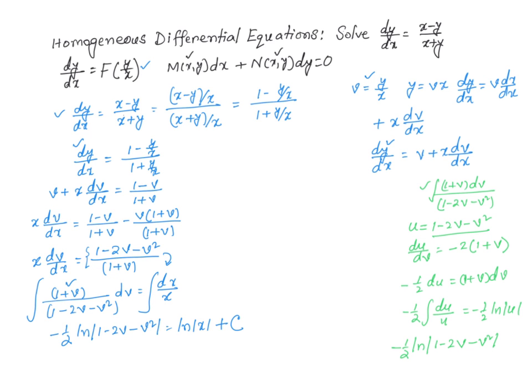So multiply both sides by negative 2. That's going to get rid of the negative 1 half on the left. And then on the right hand side, we are going to have something different. So let's go ahead and do this.